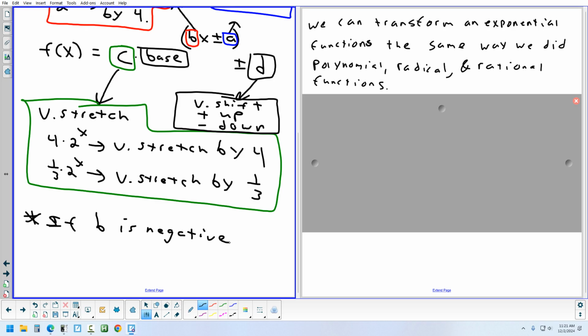If B is negative, we have a horizontal reflection over the y-axis.